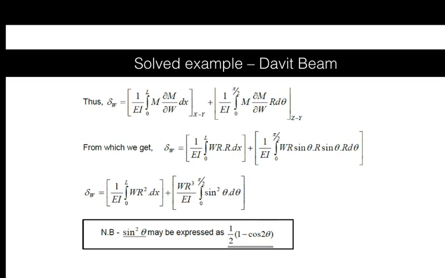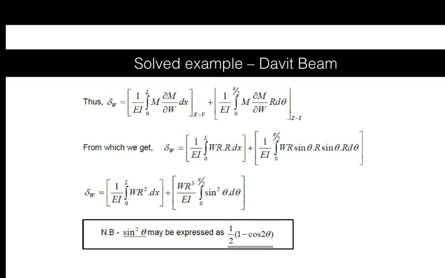That is from Y to Z, from which we will get this expression: delta W equals 1 over EI, WR into R dx, plus 1 over EI, integral pi divided by 2 to 0 of WR sin theta into R sin theta R d theta.